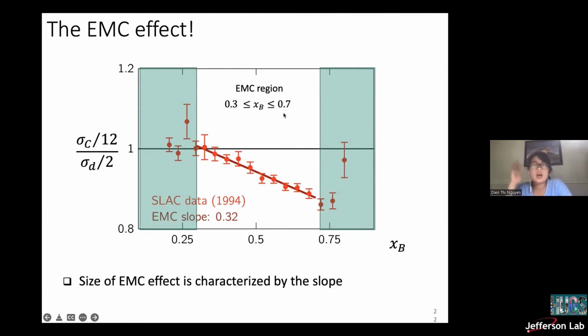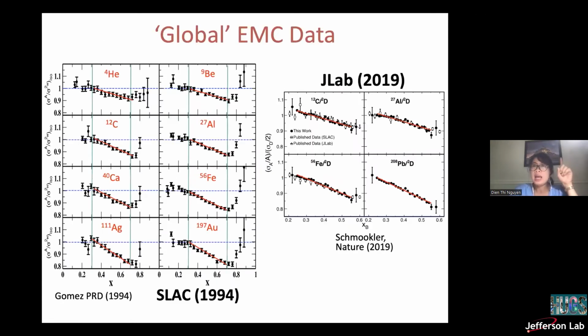So when people talk to you about the EMC effect, you know that is the linear decrease between 0.3 and 0.7 of the ratio of the F2 structure function. This shows the characteristic of one nucleus only, and it appears to be a very universal behavior across different nuclei.